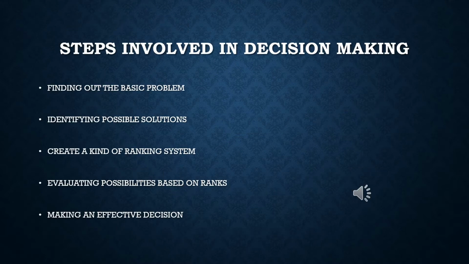The entire process of decision making can be described through a very easy flowchart. If we look at this particular flowchart, the first work done is finding out the basic problem. Every single organization, every single day, faces a different kind of problem at every point of time. So if there is a problem, there is a requirement of taking the right kind of decision.